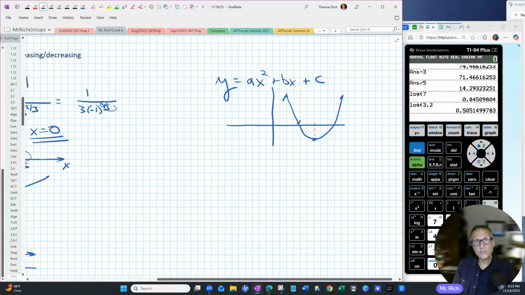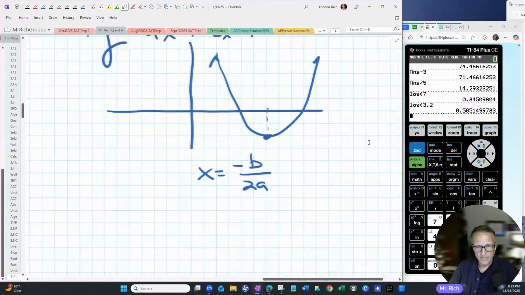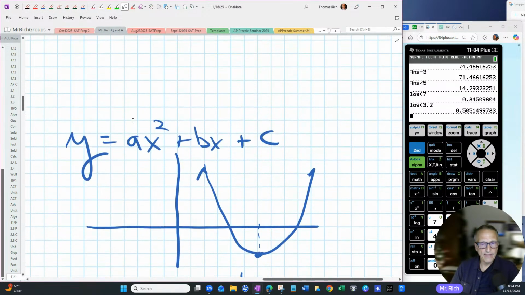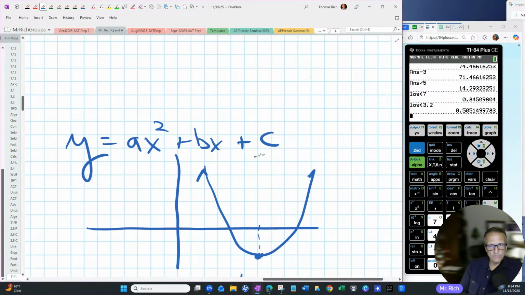But there was an equation that we gave you for that. To find that x coordinate of the vertex, we called it the axis of symmetry. It was the equation negative b over 2 times a. Now, where does that come from? It came from calculus. Because if I gave you now this equation for a quadratic, and I told you to find its derivative, using your power rule, you tell me it's 2ax plus b.